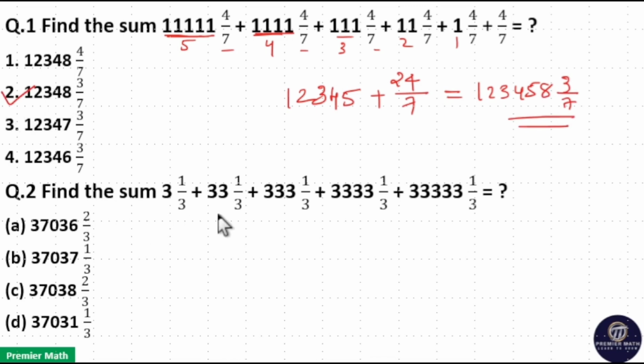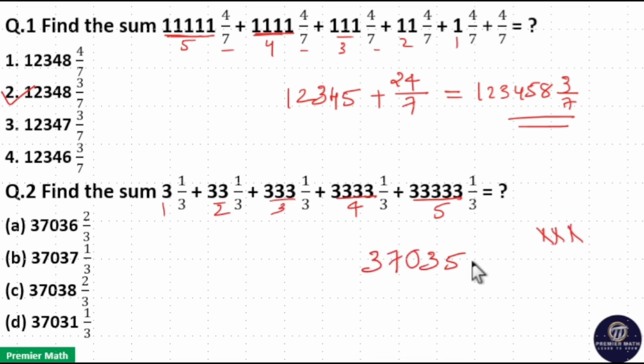Now next, here 3 repeated 5 times, here 3 repeated 4 times, here 3 times, here 2 times, here 1 time. Now 5 into 3 is 15. 1 carry over. 4 into 3 is 12 plus 1 is 13, 1 carry over. 3 into 3, 9 plus 1 is 10, 1 carry over. 2 into 3, 6 plus 1, 7, 3 into 1, 3.